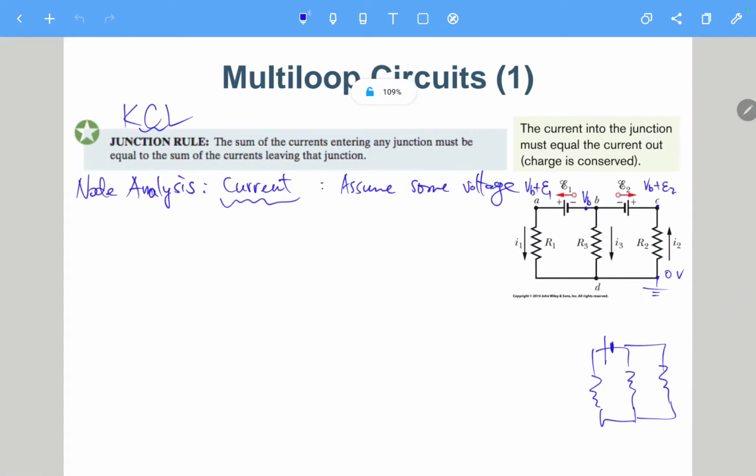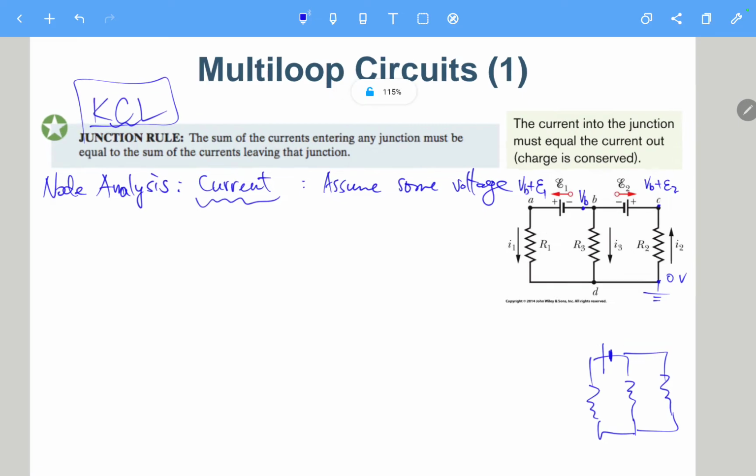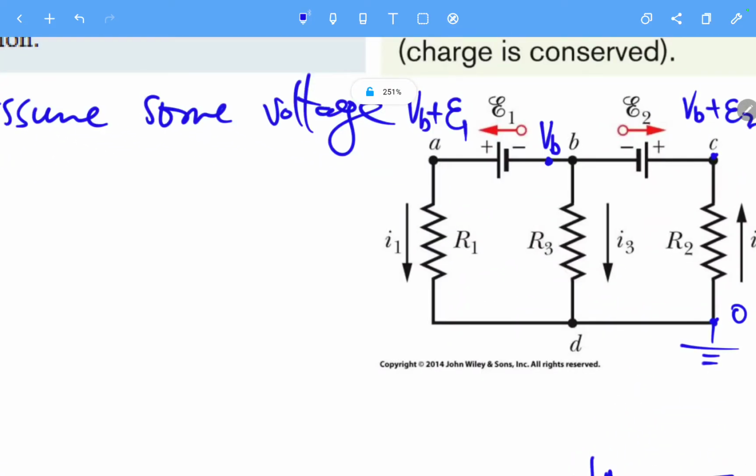Okay, so in that case, we can try to write out the KCL, the Kirchhoff current law. As we only have one variable, we only need one node equation. So of course, we define the voltage here. In that case, we try to calculate the currents I1, I2, and I3.